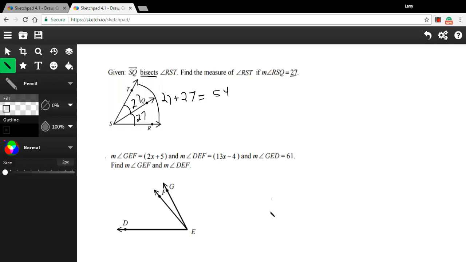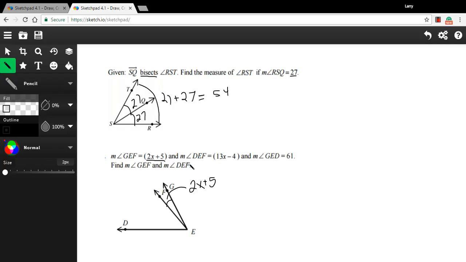All right. One more, and this one still uses the same concept, but it throws a whole bunch of algebra in here. So this one gets a little trickier. This says the measure of GEF, so that's this small one here, is 2x plus 5. So we're used to seeing a number. Now we've got an algebraic expression for that. Let me just make a note of that, 2x plus 5.